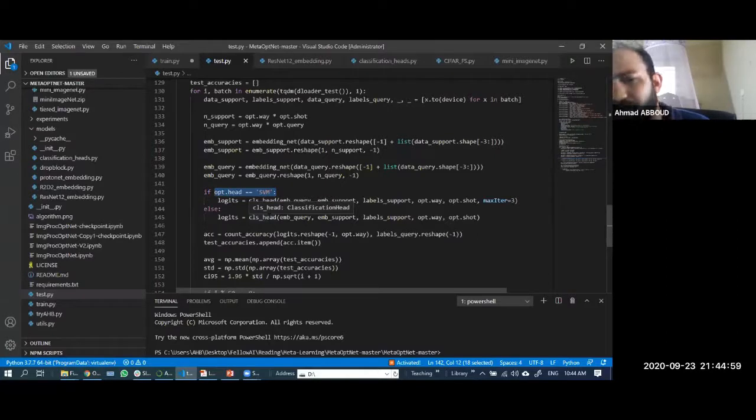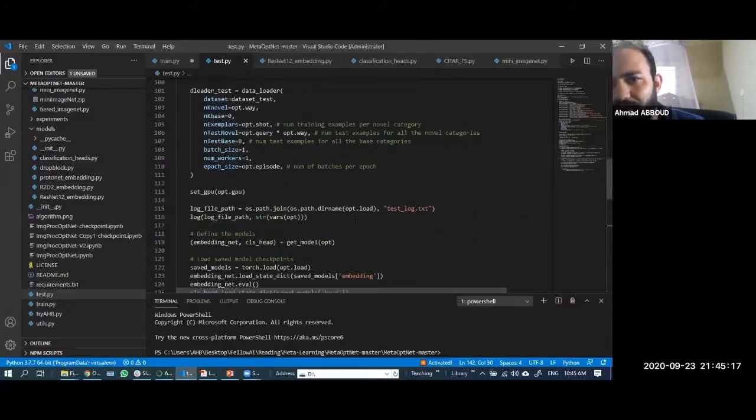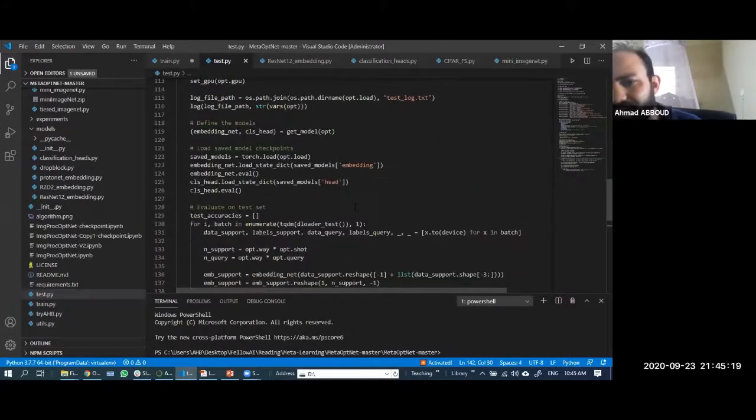But to answer your question, they are trained in the same optimizer. The optimizer is using a torch optimizer. In this implementation, you can load parameters to optimize from different layers of the network.